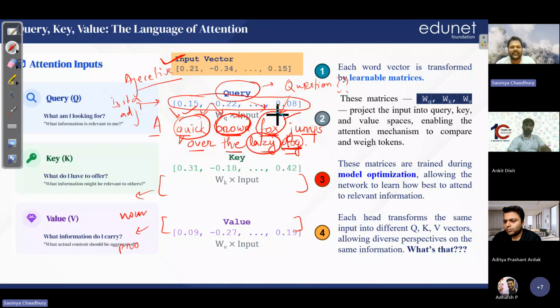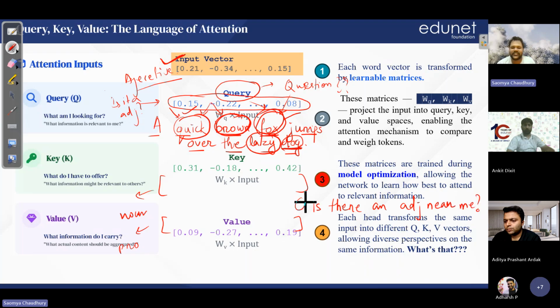Now, in the context here, if you see the fox, the whole idea is that one of the queries is: I'm at fox, and I ask the question, is there an adjective near me?